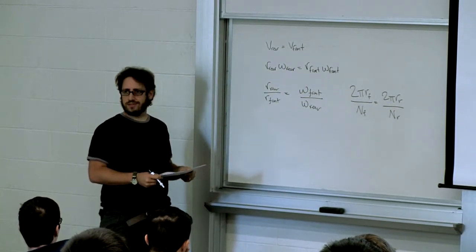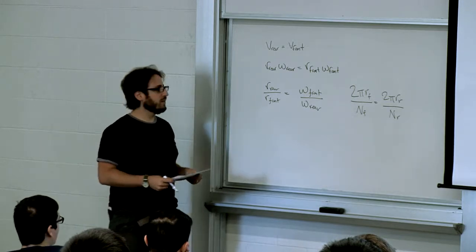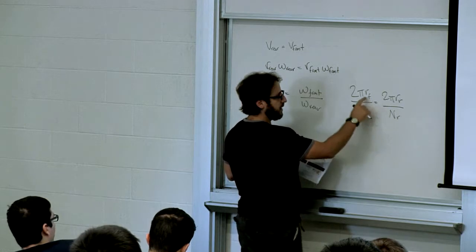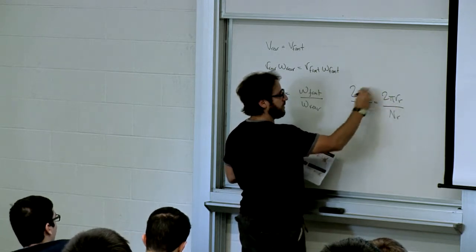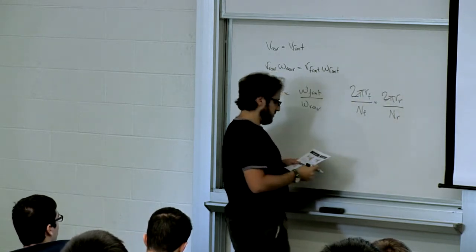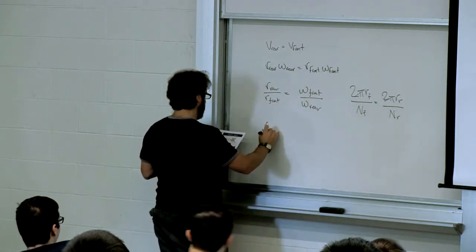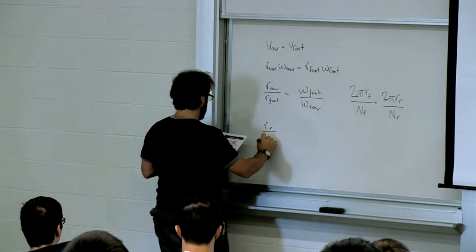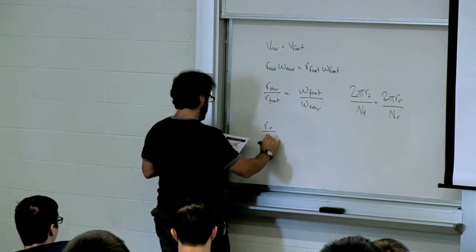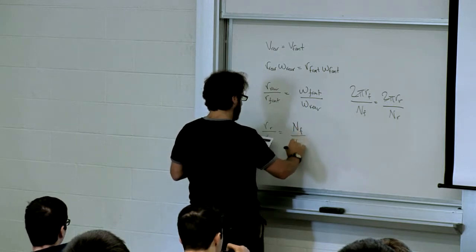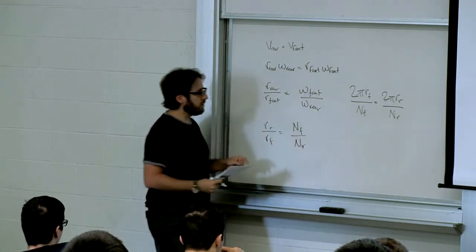Okay, and this gives me a relationship between the number of teeth and r, which is what I want, right? The pi's cancel. Right, and so then I can say r rear over r front is equal to n front over n rear. Is that right?